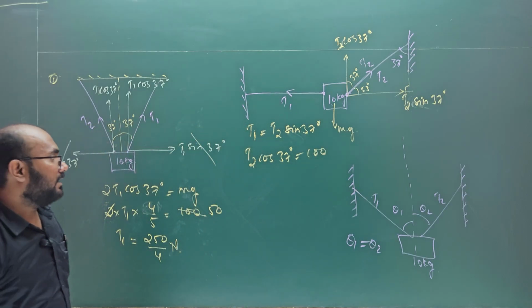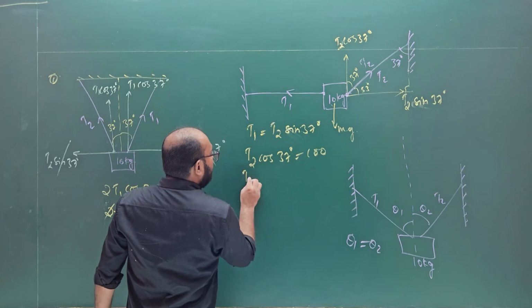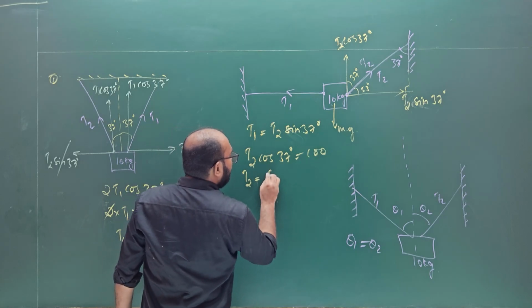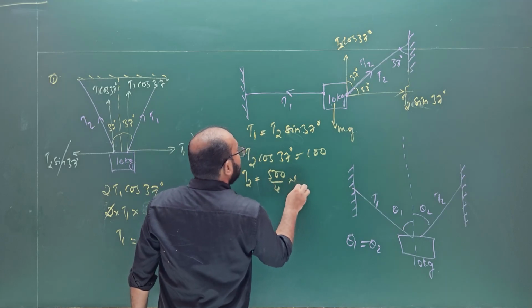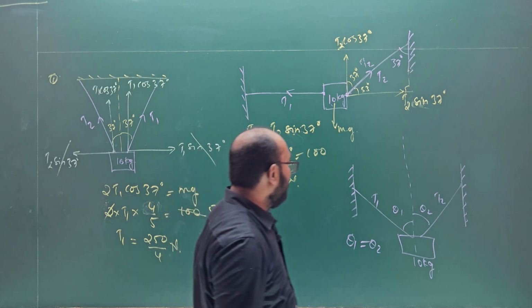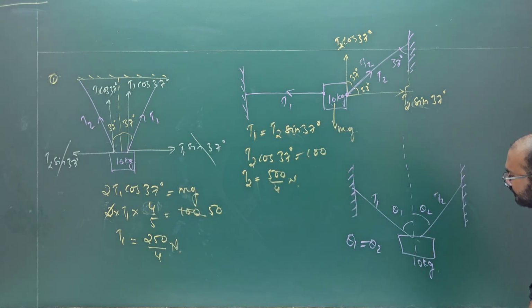Yes, is this clear? Very good. Then can I write T2 is equal to 100 upon cos 37, and cos 37 is 4 by 5. That means can I say 500 upon 4 newton. Substitute here, you will get T1 also. Okay.